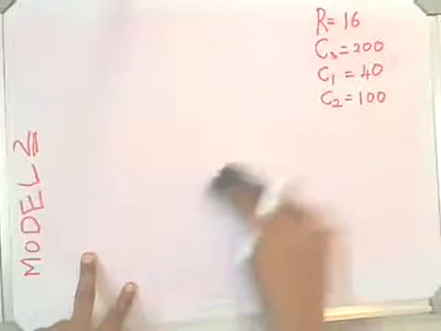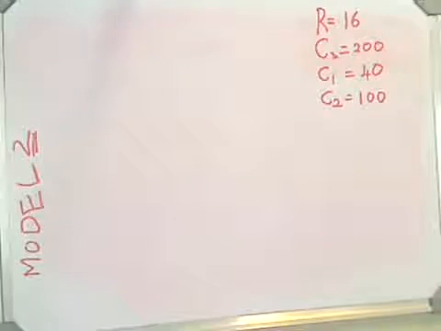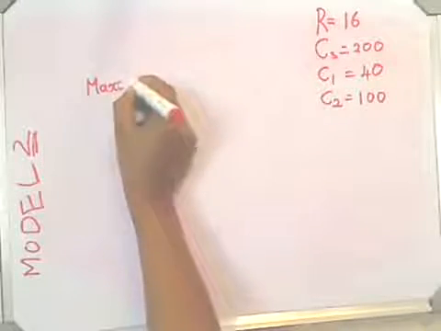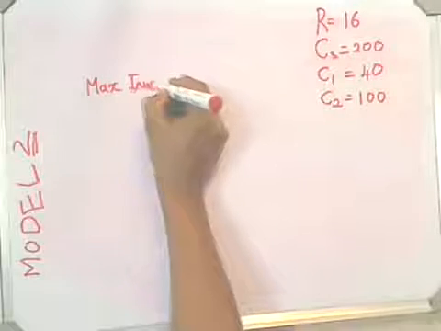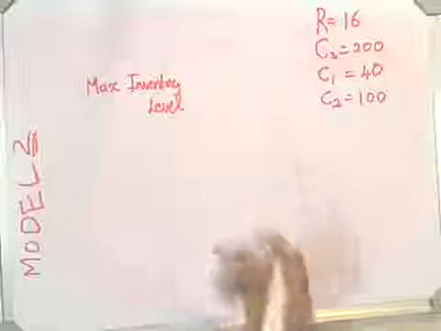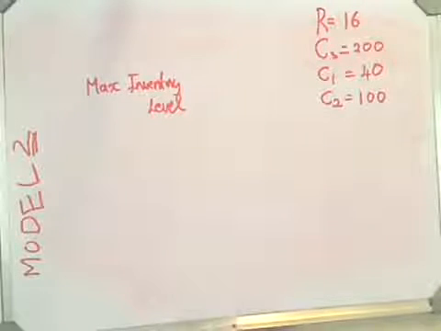Now, coming to the remaining formula in model number 2, you have the maximum inventory level. In the previous one, the maximum inventory level would be nothing but EOQ, around 13 tons.